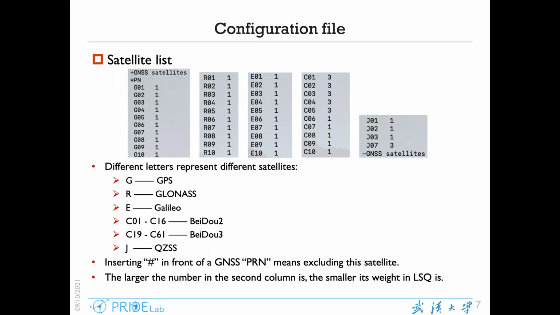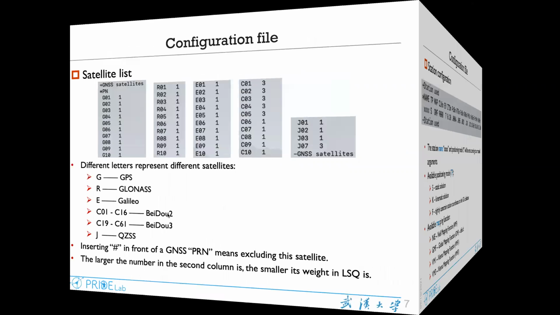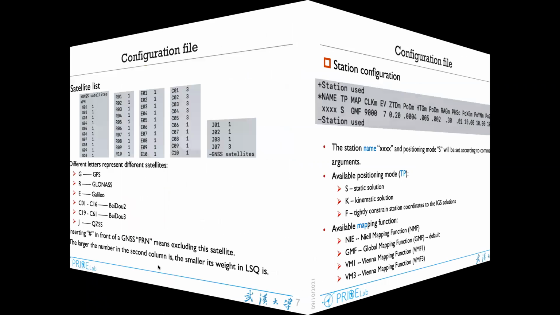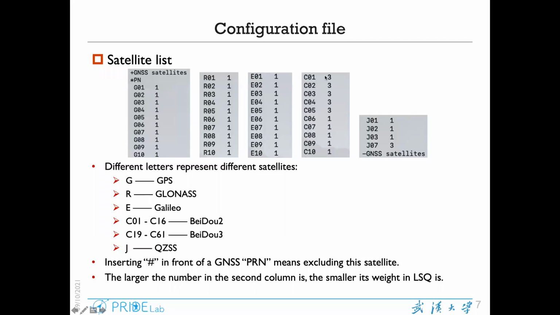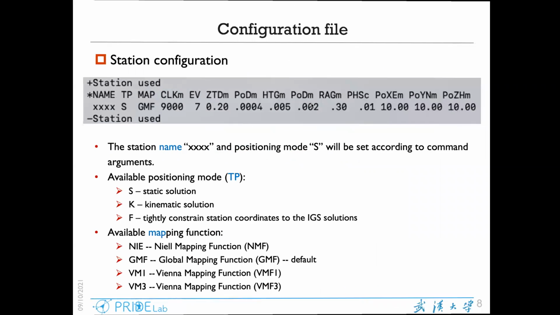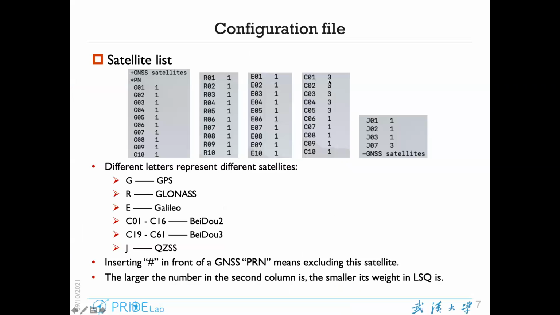So you might want to exclude them using a sharp in front of them, but you can also set a larger weighting factor here to lower their contribution to your processing, to avoid the risk that they will degrade your processing quality. So I use a 3 here. That means their contribution will be downgraded by 9 times.